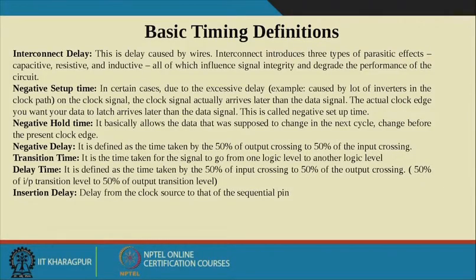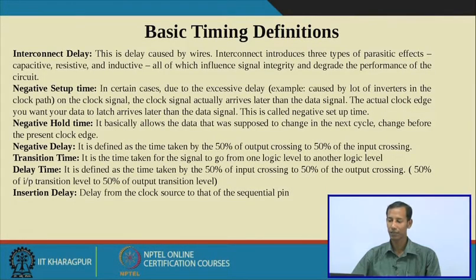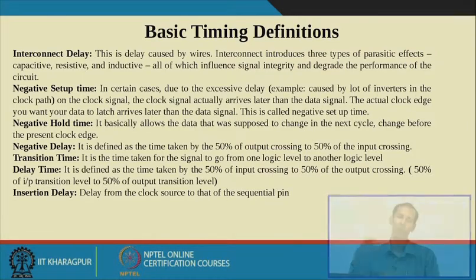Then negative setup time. In certain cases, due to excessive delay, which can be caused by a lot of inverters in the clock path. As we said for hold time violation, how can we remove it? We can put some extra buffers on that particular clock path. But if we put too much buffering on the clock path, what will happen?